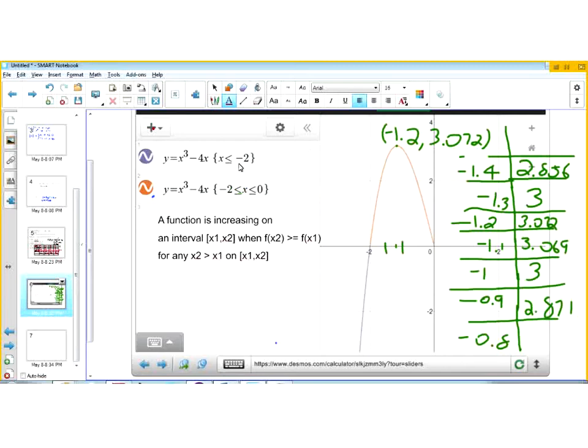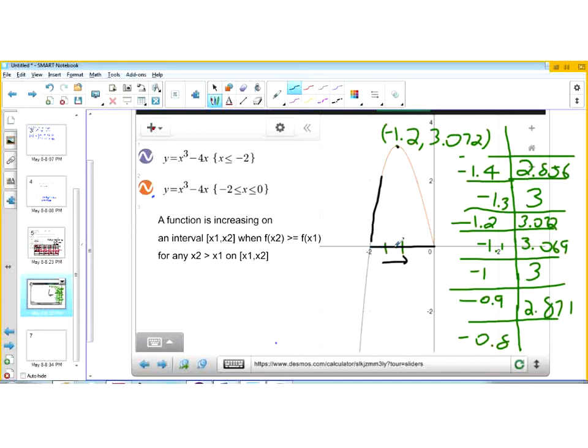Okay, so what I'm saying here is if we consider the interval of this graph negative 2 to 0, all right, so let's consider this interval negative 2 to 0. Now, as we go from negative 2 to 0 in this direction, up until we get to this vertex point, we see that as x increases, the output value is correspondingly increasing.